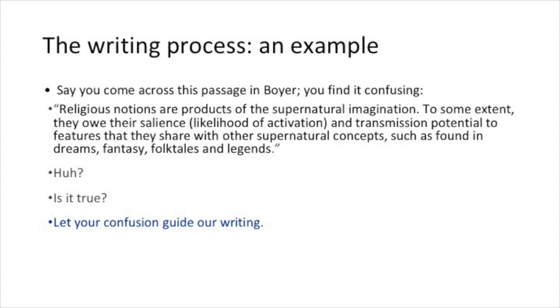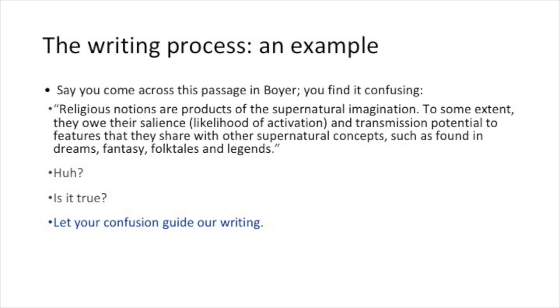Okay, suppose you come across the following passage, which was written by Pascal Boyer. It reads as follows: religious notions are products of the supernatural imagination. To some extent, they owe their salience, likelihood of activation, and transmission potential to features that they share with other supernatural concepts, such as found in dreams, fantasy, folktales, and legends.